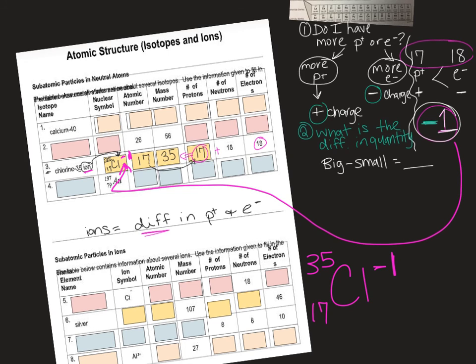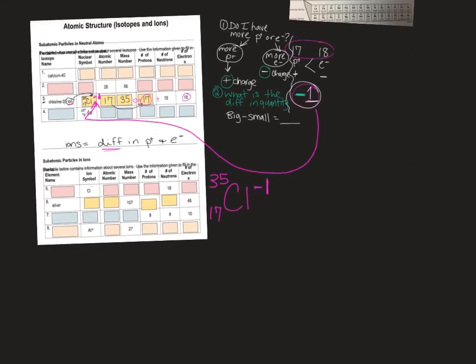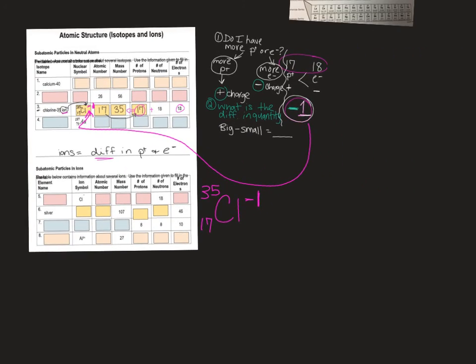The other way that you could have done it, if you don't like the logic reason, if it was taking too long, you can also say, okay, I had 17 protons, I had 18 electrons. So what that means is I'm going to say 17 plus a -18 is equal to, and if you type it in, you would get that -1.